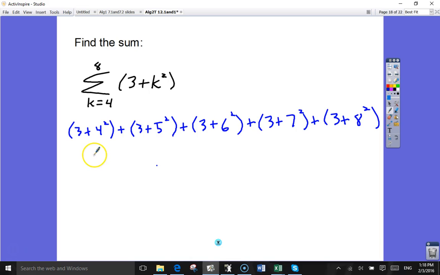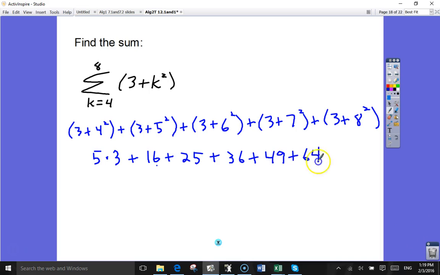Which is 5 times 3, right? There's a 3 in every one of those. And then it'll be the plus 16 plus 25 plus 36 plus 49 plus 64. Okay, and you can add up all those, and they equal 205.